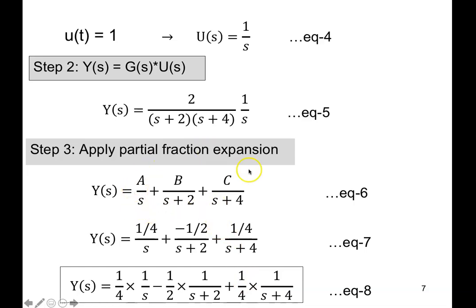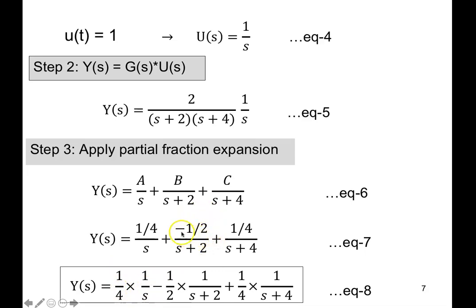Okay, with my knowledge of a little bit of partial fractions, I found A to be 1 over 4, B is minus 1 over 2, C is 1 over 4. That will give me equation number 7. And then I'm going to change the format slightly. I'm going to move 1 over 4 to the front, so this becomes 1 over 4 times 1 over s.